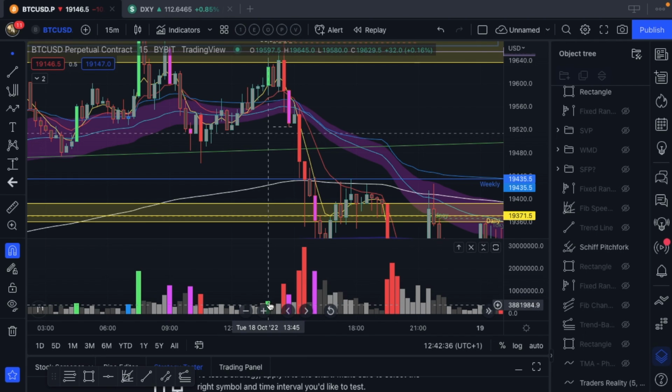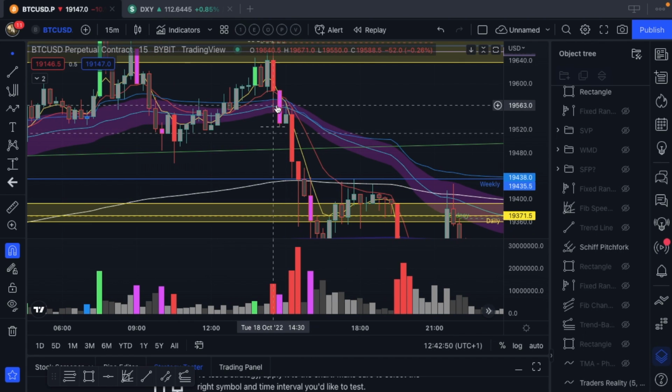On the PVSRA, it's not overly substantial, but it's definitely a green. And then we have this pretty decent sized red vector, a pink to follow. And then we get this really weak retest of the top, and then this huge red vector candle.